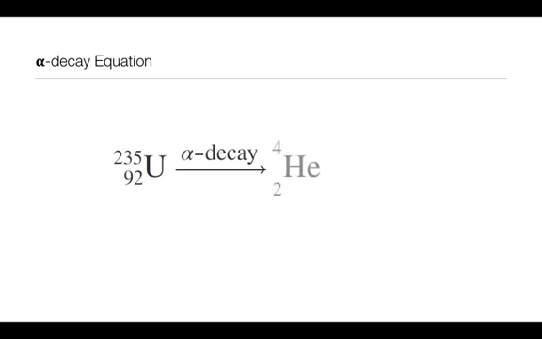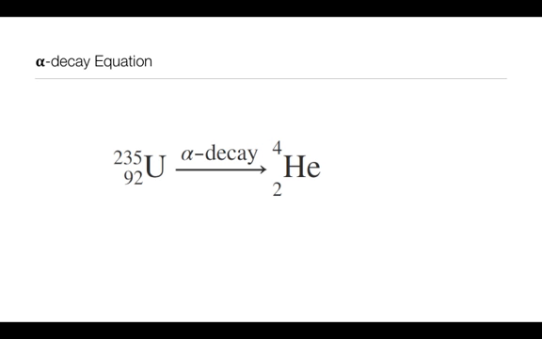Again, we'll take the first as an alpha decay. Uranium-235 is the primary ingredient in older nuclear weapons and what we use today in nuclear power plants. This undergoes an alpha decay, and when it does, it is going to produce a helium nucleus, the alpha particle. Notice here we've got the superscript of 4 for the helium and the subscript of 2.